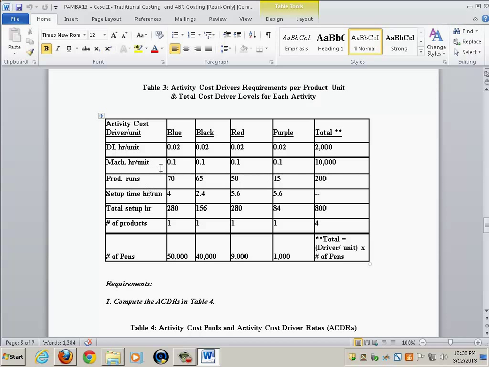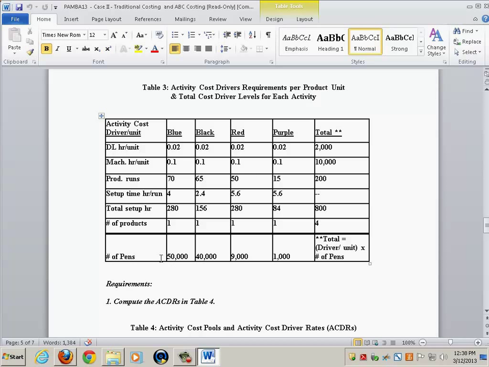Machine hour units are 0.1 across the board for all products per unit of the product, per pen, that is. And you multiply by the number of pens, so you get altogether 10,000.